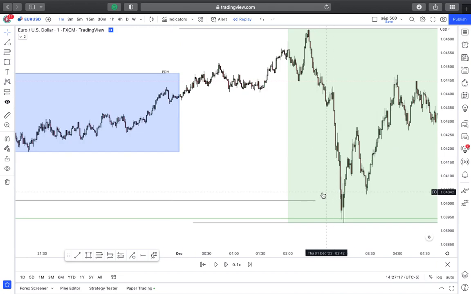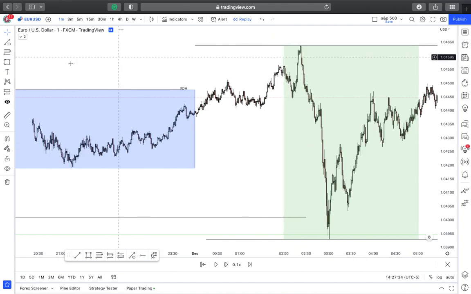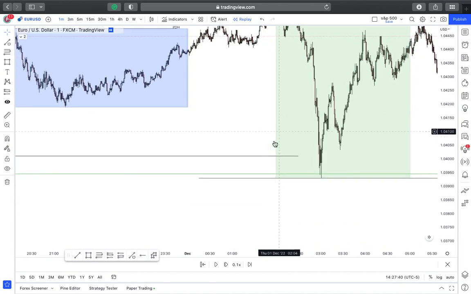Now what you're going to do is wait for the market structure shift again, and wait for the fair value gap to appear so you can trade it. Your target is going to be the London session high, or the previous day low, or previous day highs, or any high that was made during the market.